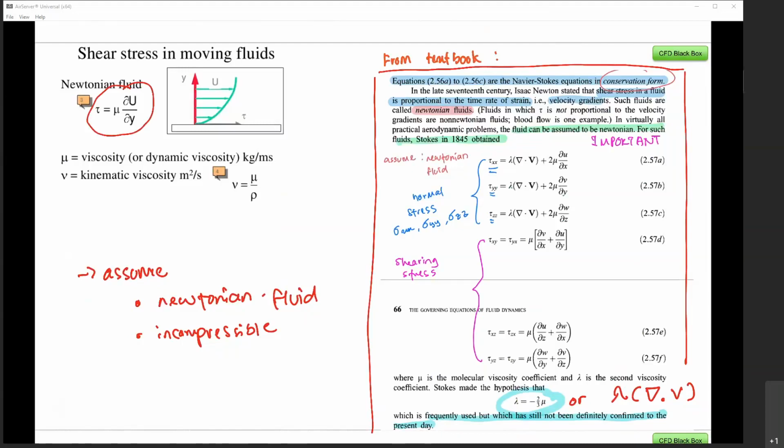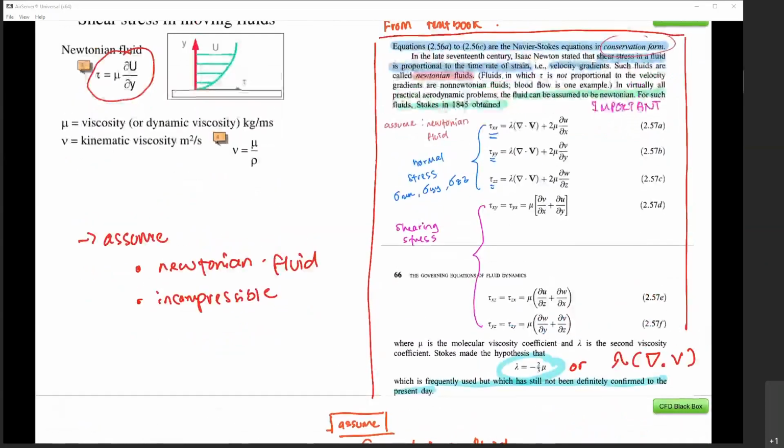All right, so the first assumption is Newtonian, and the second one is that we assume the flow to be incompressible. Incompressible means the density is constant. All right, so this is from the textbook.